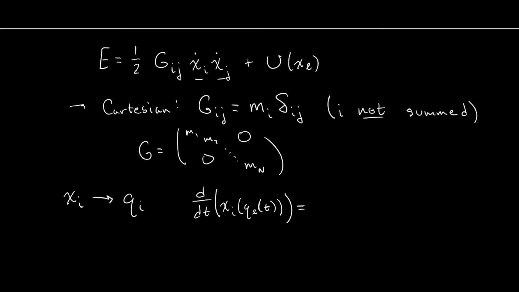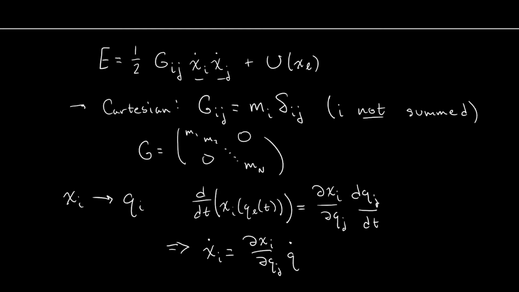So this is going to be dx_i/dq_j times dq_j/dt. So in a bit more compact notation, I can write this as x dot i is equal to dx_i/dq_j q dot j. Okay?